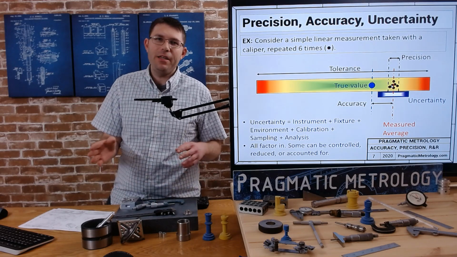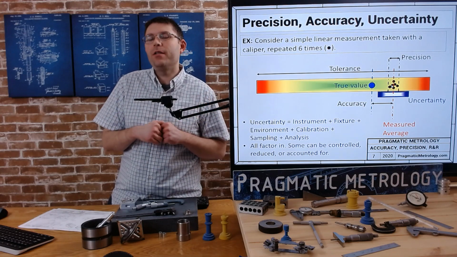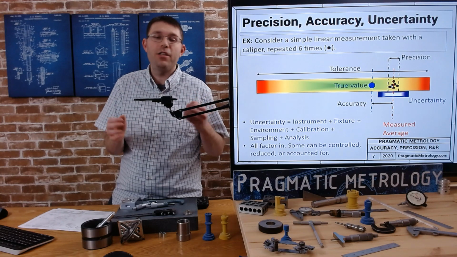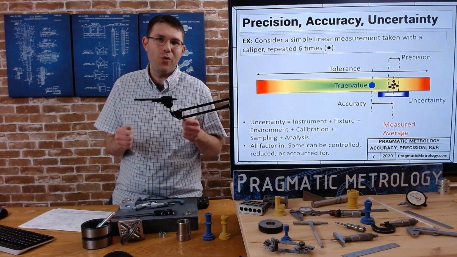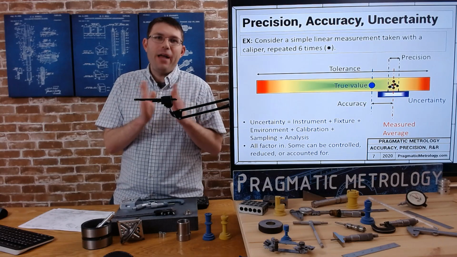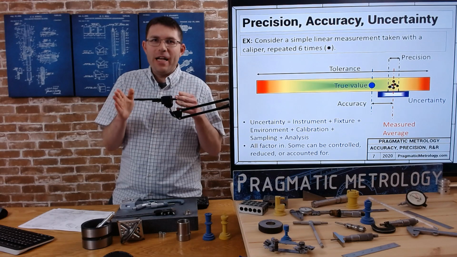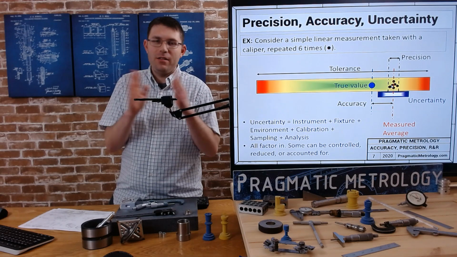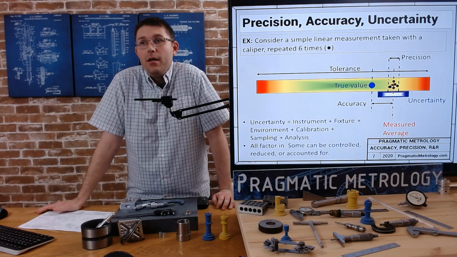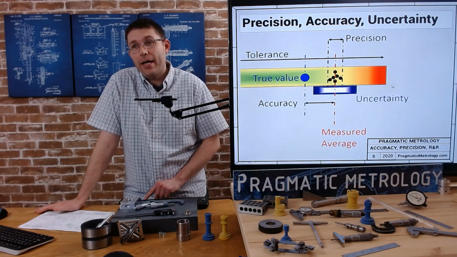Same thing with precision: it is sometimes an inherent part of the gauge, but sometimes precision is due to a gauge in poor condition, which you can repair back to a level that meets the original specification. But it's hard to actually improve precision. It's kind of an inherent property of the gauge, just like uncertainty. But accuracy, you can do a little bit through calibration.